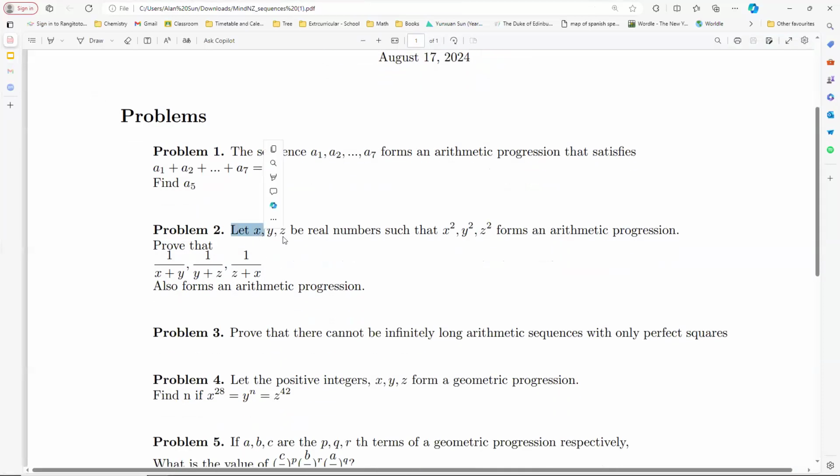So x, y, z are real numbers such that x squared, y squared, z squared forms an arithmetic progression. Prove that 1 over x plus y, 1 over y plus z, and 1 over z plus x also forms an arithmetic progression.